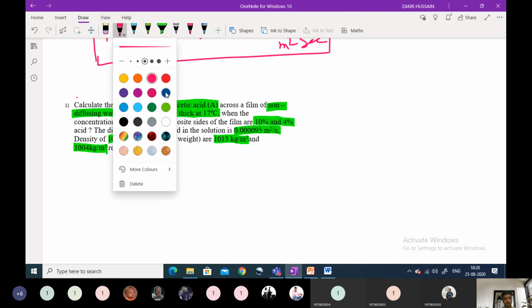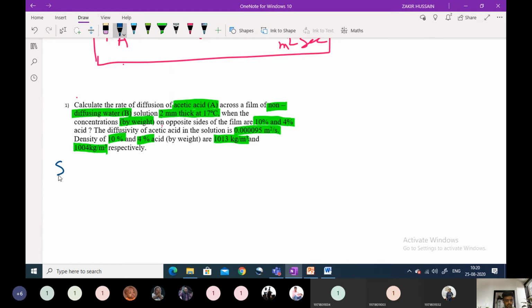So now we will write the given data first. From the first statement, A is acetic acid, it is already supplied in the problem, and B is water.